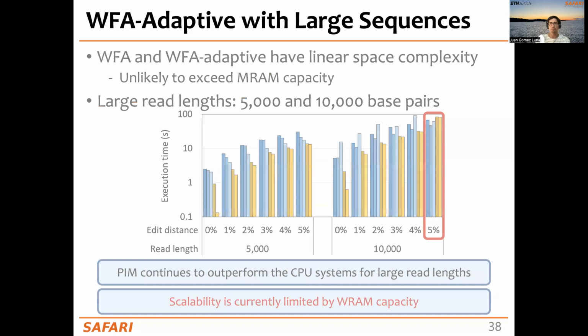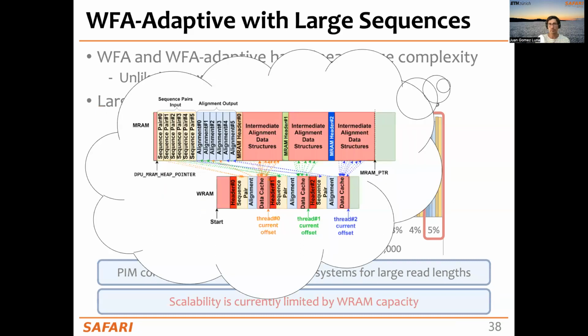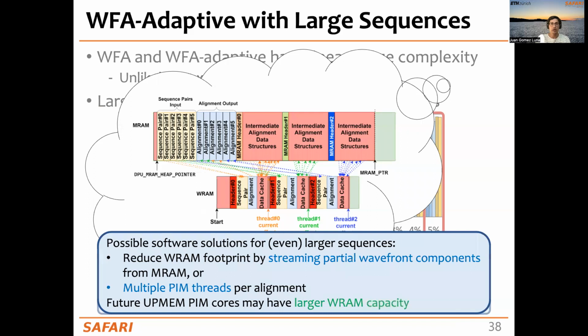But in the end, there is also a lot of promise for WFA and WFA-Adaptive on PIM systems, and there are possible software solutions that are out of the scope of this work for even larger sequences. For example, reduce the WRAM footprint by streaming partial wavefront components from the MRAM, or by running multiple PIM threads per alignment.